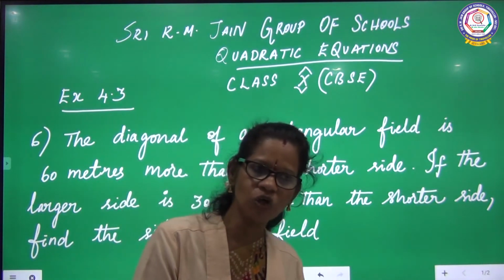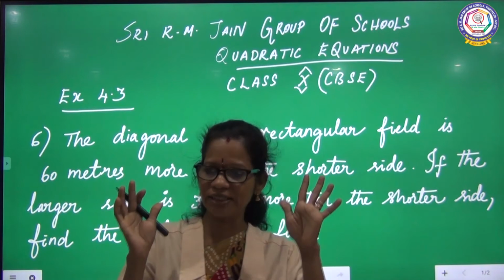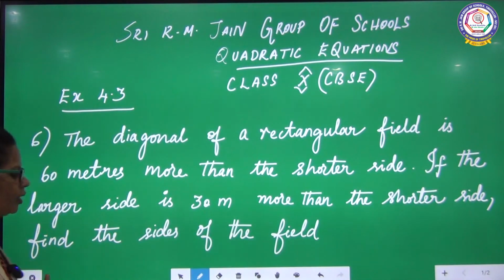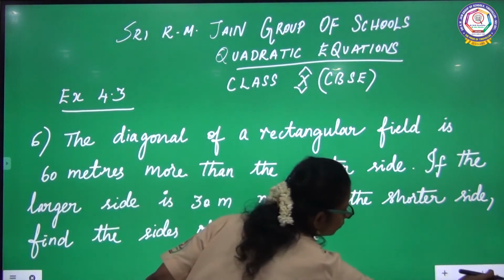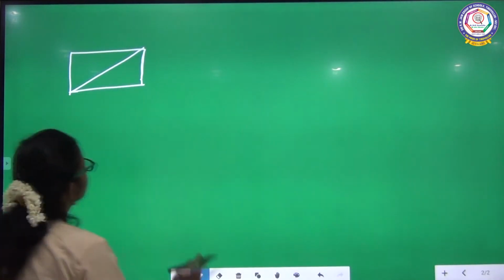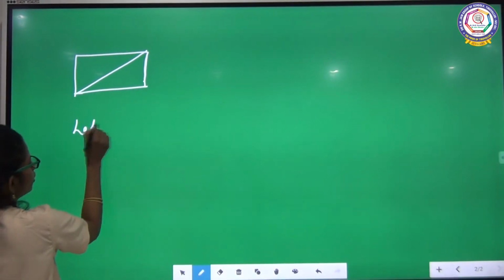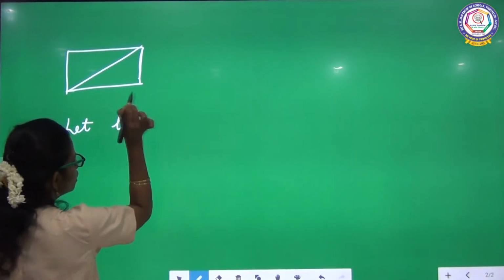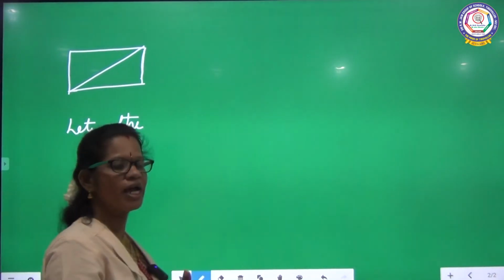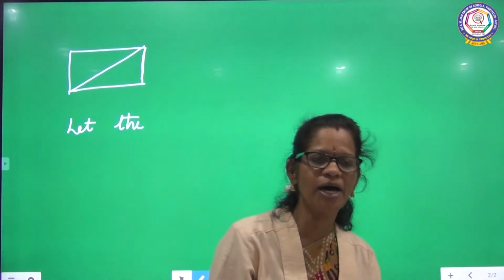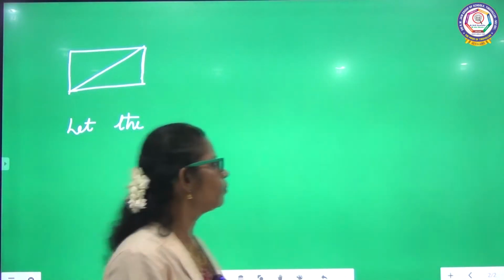If nothing is given, you have to consider it as a variable. I taught you this. Whatever is not given, or is expected, or is compared, you consider as a variable.